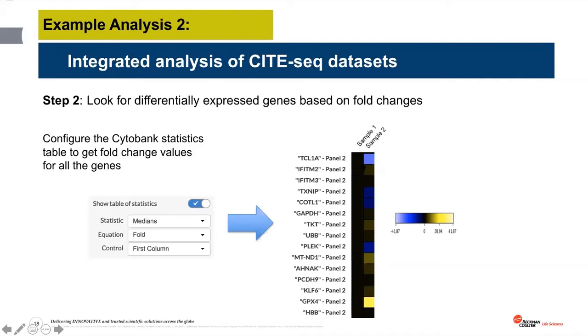As you can see, here we got some genes that are upregulated in sample 2 compared to sample 1, such as GPX4, and some of the genes are downregulated, such as TCL1A. So this is a very simple, nice example that tells you how you can do some integrated analysis of CITE-seq data.